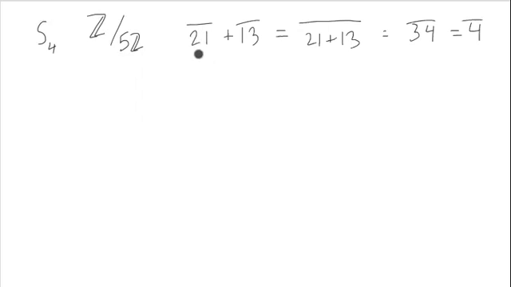Or I could reduce the representative, or change the representative under the bars, and then do the same thing. And notice I should always end up in the same place. That is a nice property of modular arithmetic.